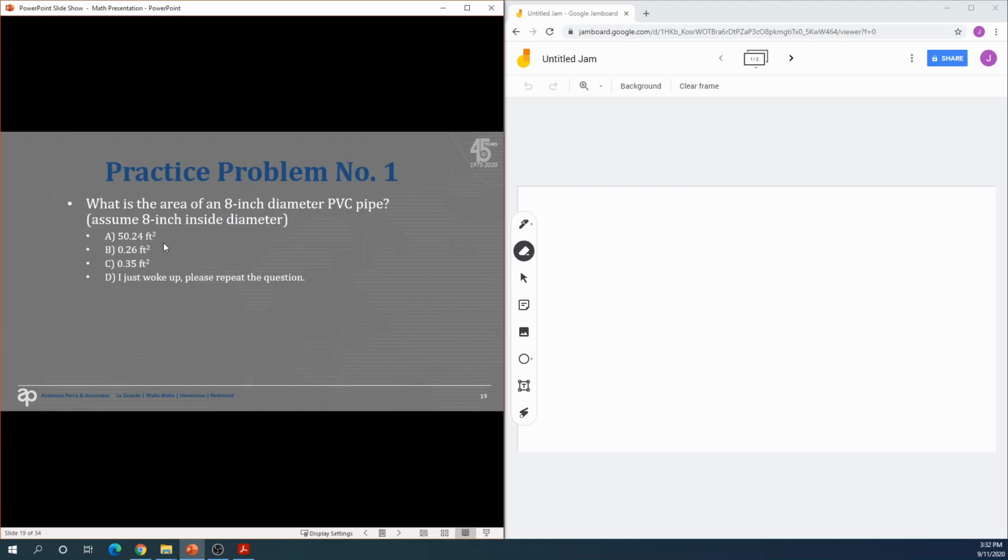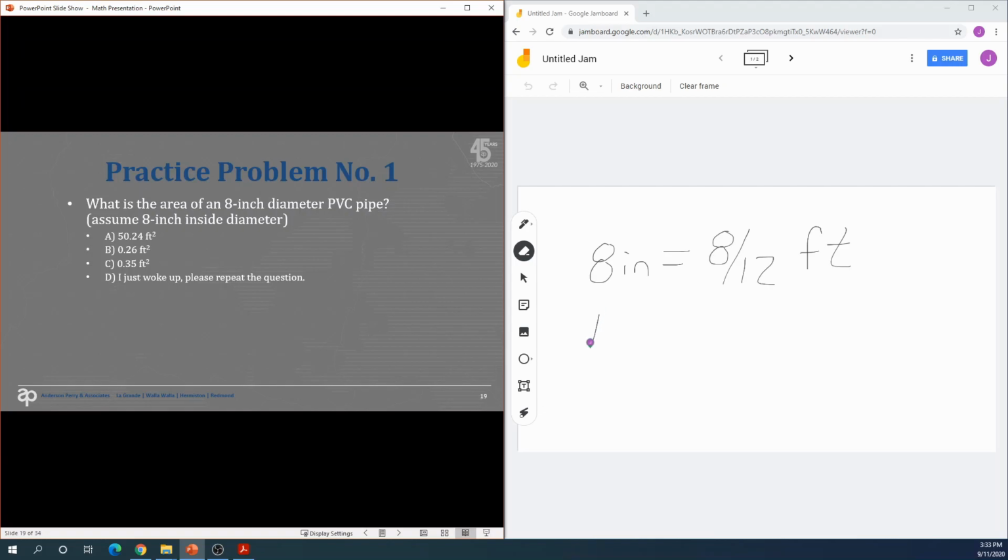So the first thing I want to do is convert the 8 inches into feet. So 8 inches is going to be the same thing as 8 divided by 12 feet.